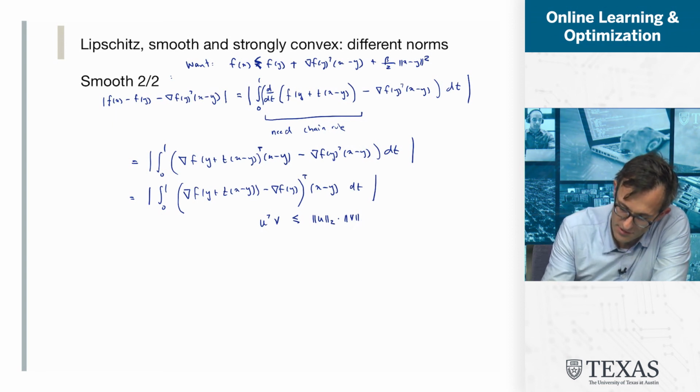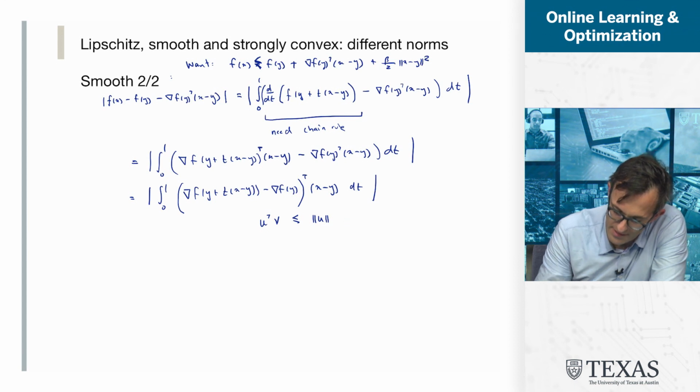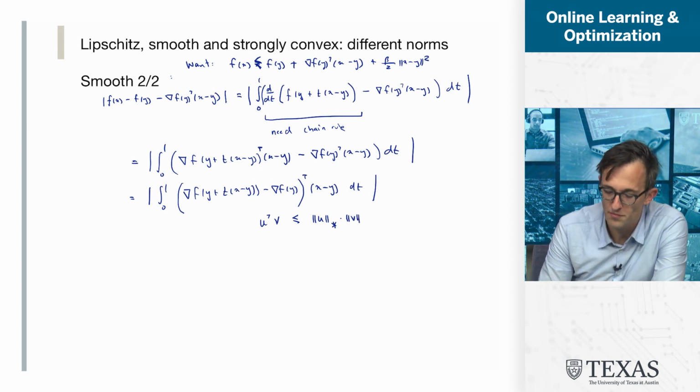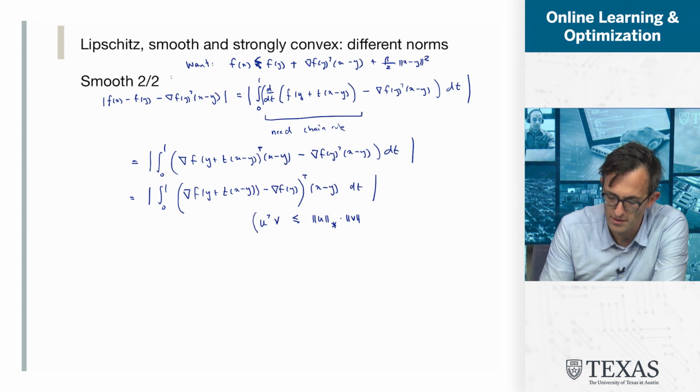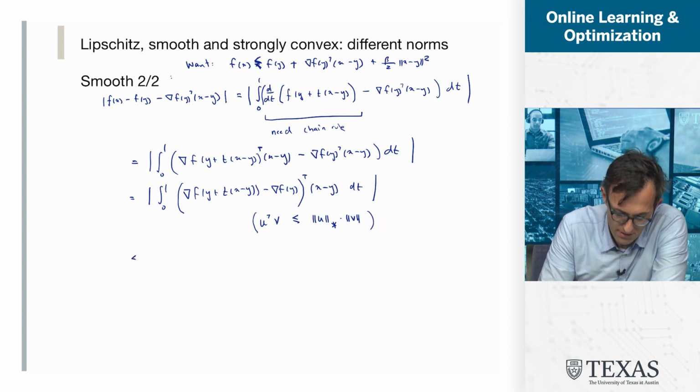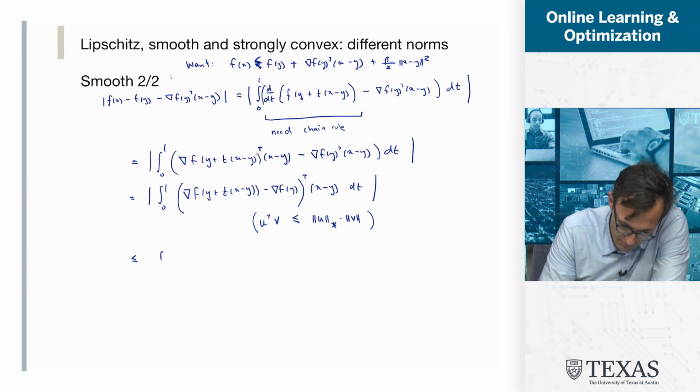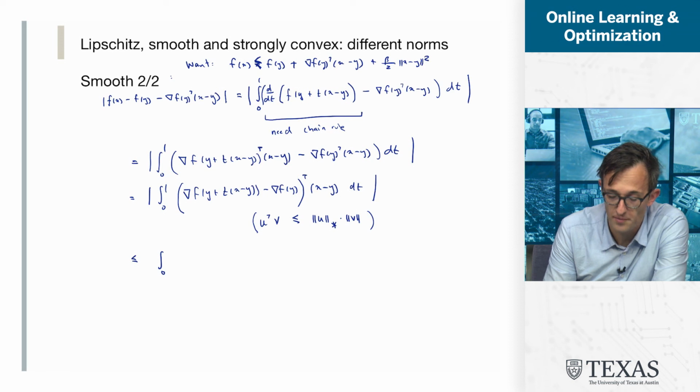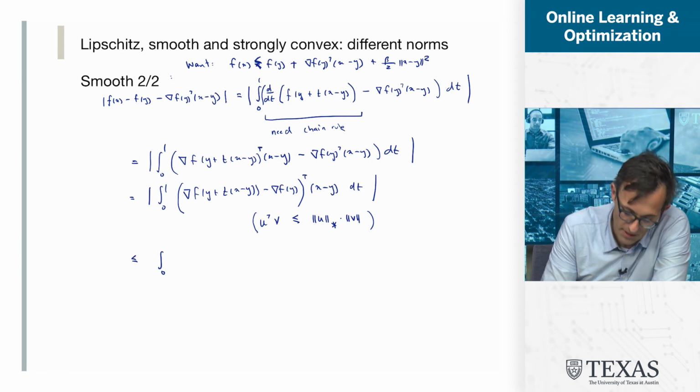And Hölder's inequality is going to give me the exact same thing, except I can use any norm and its dual. So it's the dual norm of u times the norm of v. Okay, so we're going to use this because I have this dot product right up above. So this is then less than or equal to, I can now drop the absolute value because the norms are just going to be positive.